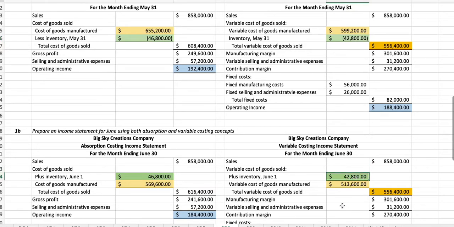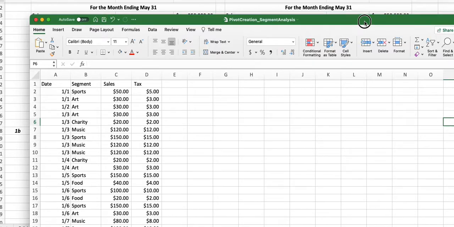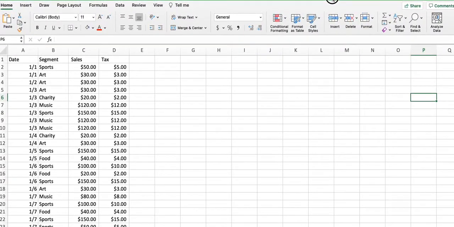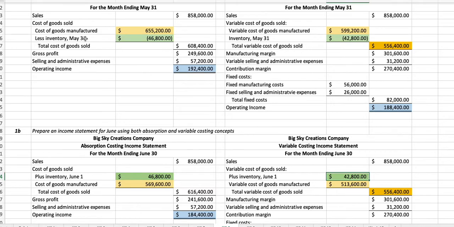All right, so we've talked about the effects of absorption costing and variable costing on our operating income and our inventory. Now let's talk about pivot tables. So all of this data that people have put together to allow us to analyze data and find out profitability, let me go back to that last spreadsheet, talking about the cost of goods sold, selling and administrative expenses.